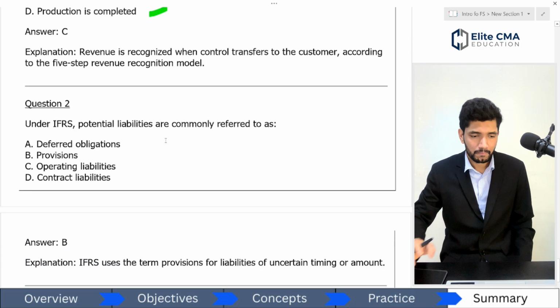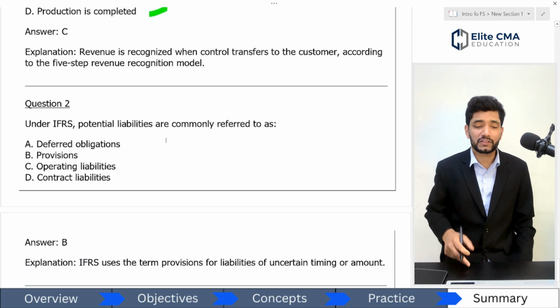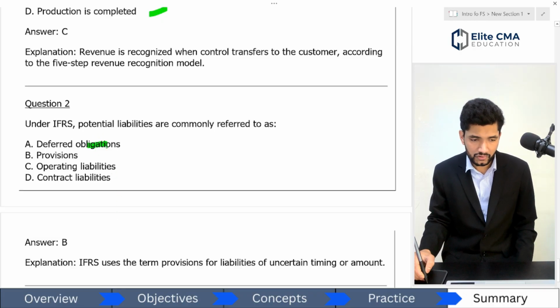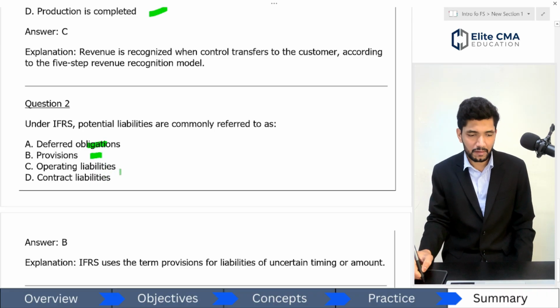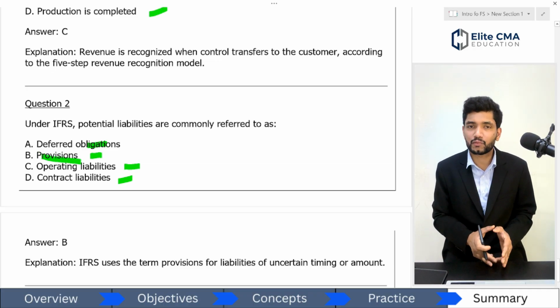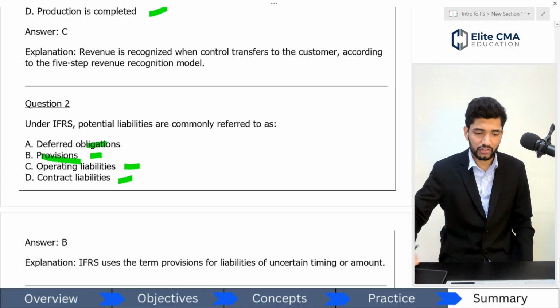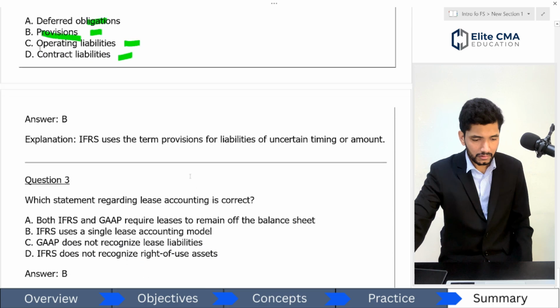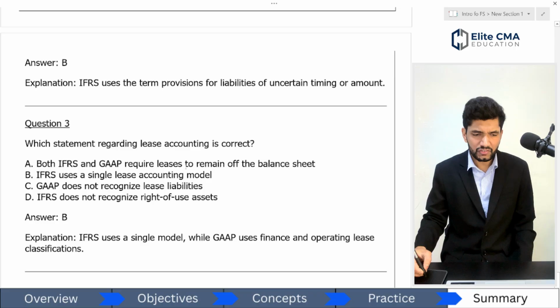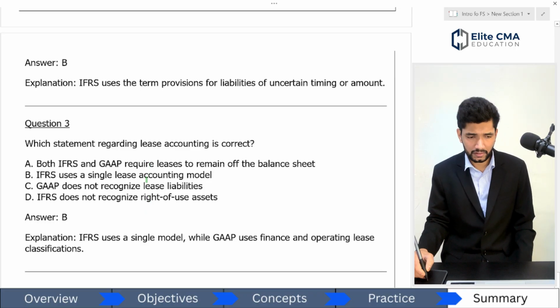Question 2. Under IFRS, potential liabilities are commonly referred to as: deferred obligations, provisions, operating liabilities, or contract liabilities? It is provisions. In IFRS, potential liabilities are commonly termed provisions. Question 3. Which statement regarding lease accounting is correct?